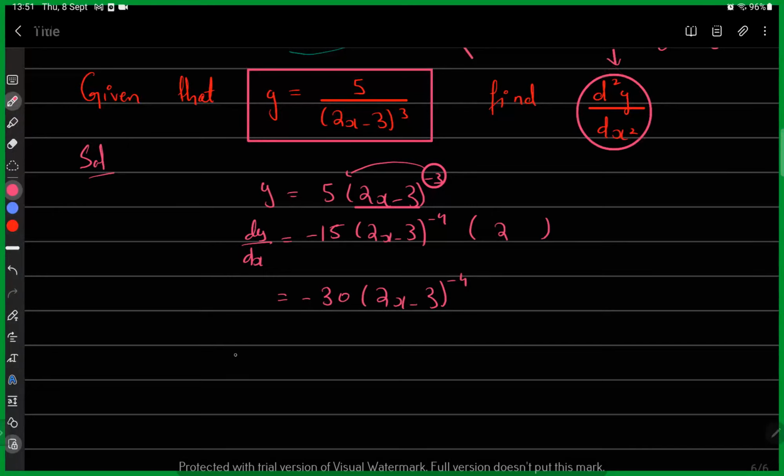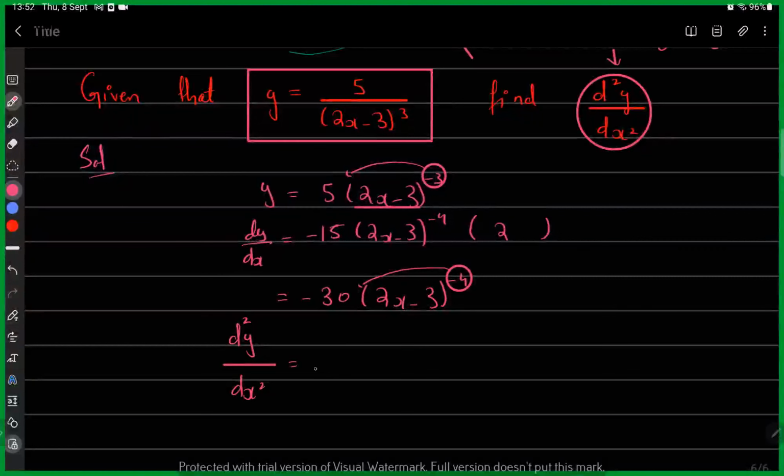So now it's basically the second order derivative. And now I would be multiplying this negative 4 with this negative 30. So this would become 240. This would become 120. Overall, it would be 240, but let me just do it stepwise.